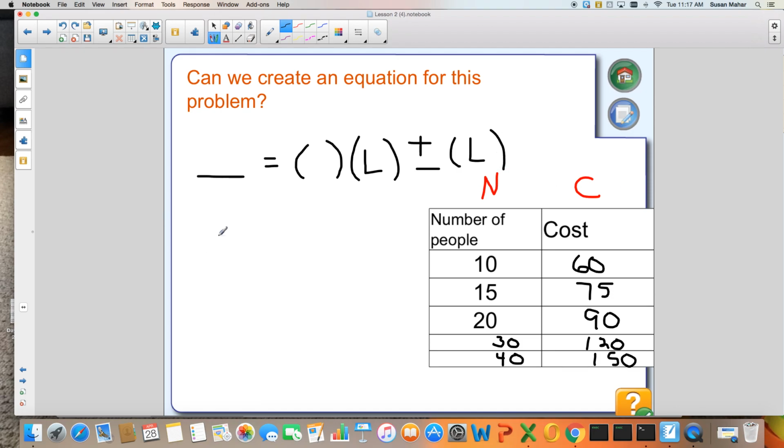So for this equation, the cost is going to equal something times a letter. And in this, it's going to be the number of people. And I made a mistake up here. It's not a letter, it's an amount. Plus or minus an amount. All right?